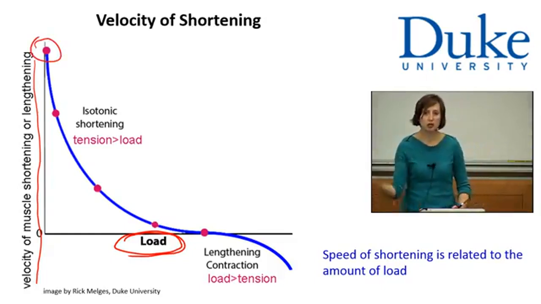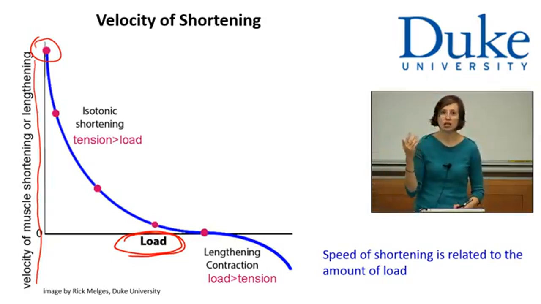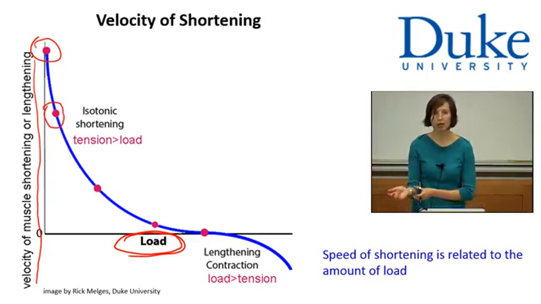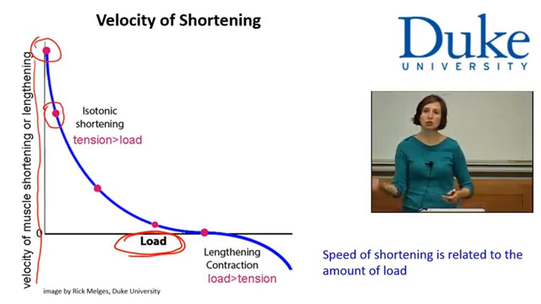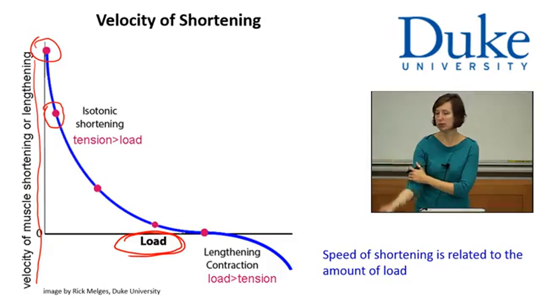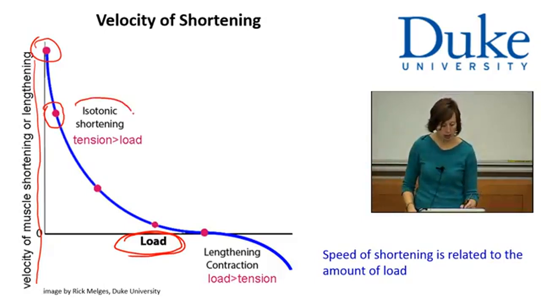As we increase the load, then the velocity of shortening will get less and less. So it will take longer to shorten the muscle. But when we're doing this sort of contraction, we are making the tension that the muscle is producing greater than the load, and so we're getting shortening of the muscle, and this is called isotonic shortening.